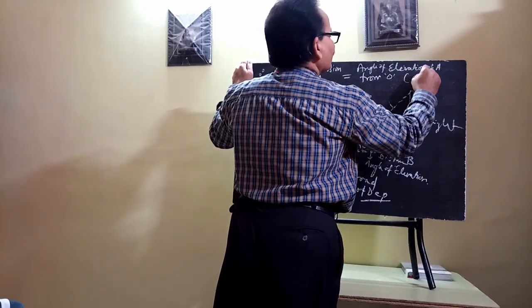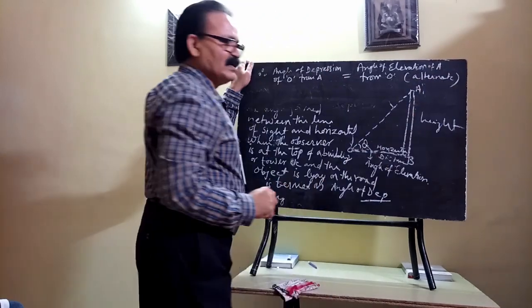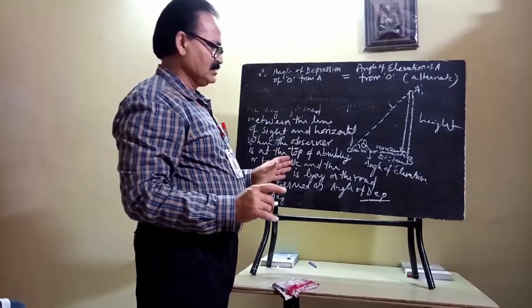Because of your alternate angles. Both horizontals are parallel to each other, and the line of sight will act as your transversal.